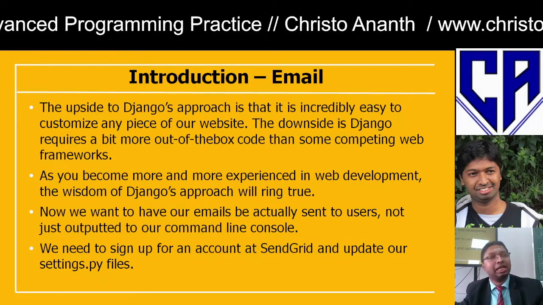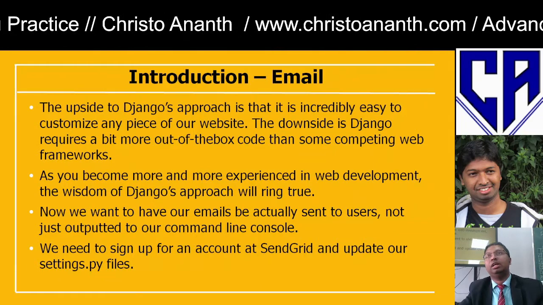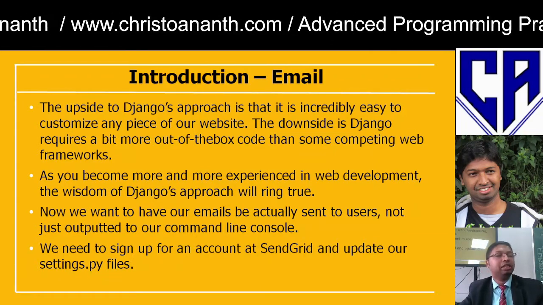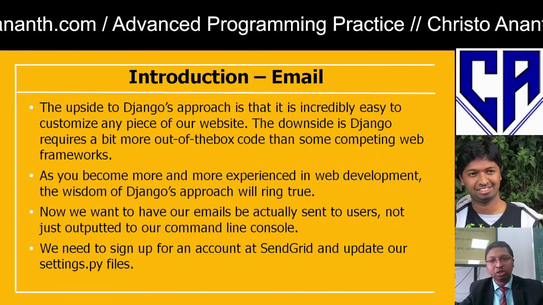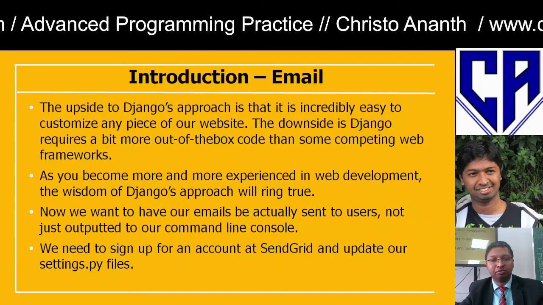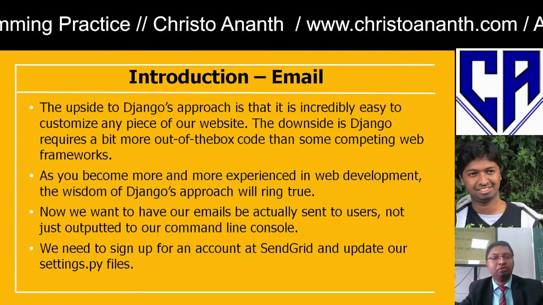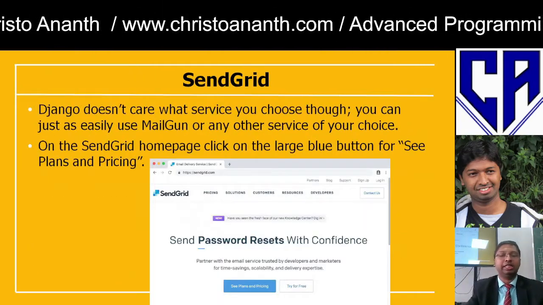It can be easily customized, and you can even edit it, create it, and add any functionalities if you want to. Similarly, for sending email from one end to the other, you can use Django's platform. For this we have to go with the sign up option. For the sign up we can go for SendGrid, and you have to update the settings.py file.